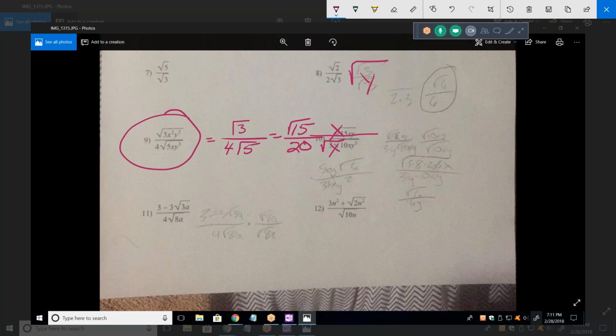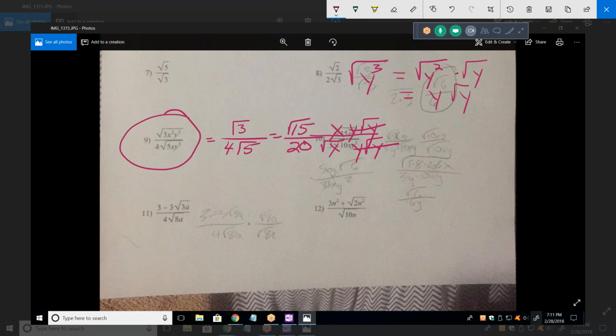When I'm taking the square root of y cubed, that's the same as the square root of y squared times the square root of y, correct? Which means it's the same as y root y. Well, if it was y root y in the top, what is it in the bottom? Y root y. And now I can just cancel those.